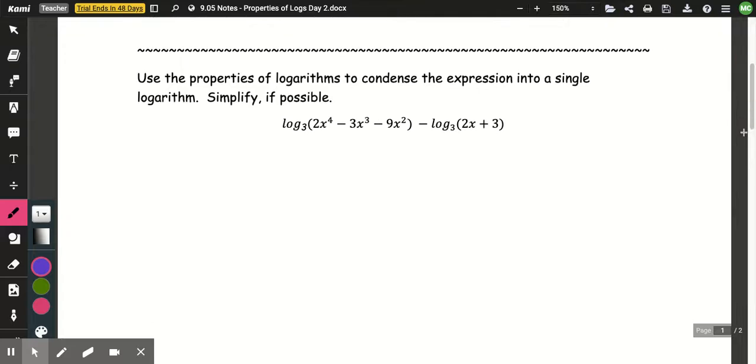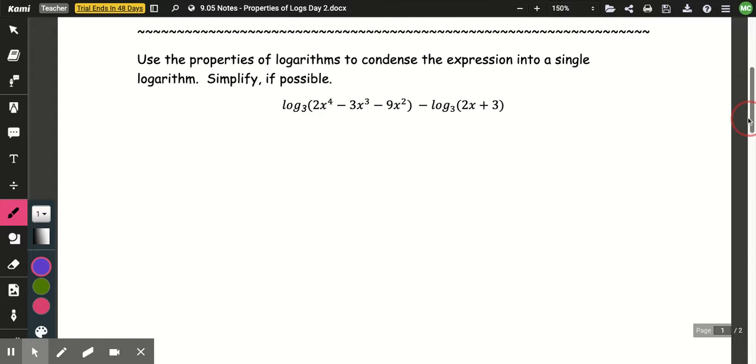Okay, so the first thing we're going to be doing is using the properties of logarithms to condense the expression into a single logarithm, and then we will be simplifying this time if possible. So this one, I've got a log base 3 of something minus a log base 3 of something.